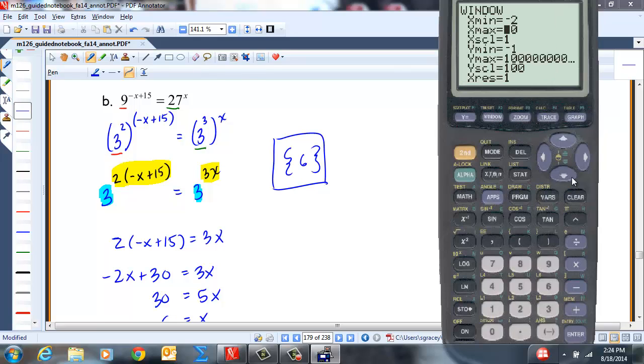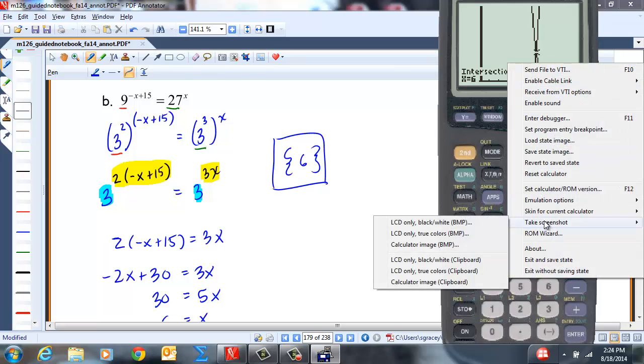One more time, we'll delete a couple of these. There we go. That's a good one. Okay, so second calculate, intersect. And look at there. At x is 6, we got our intersection.